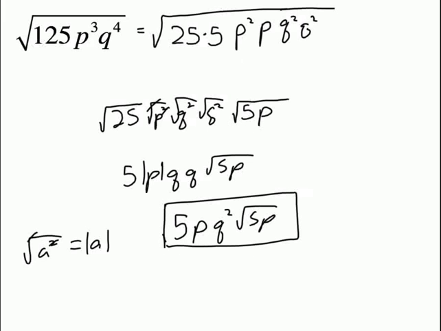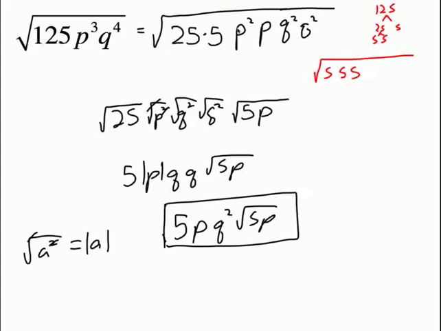Now, to do it the short way, I'm going to do the short way in red. You can pretty much factor everything. So 125 is the same thing as 25 and 5, and this is 5 and 5. So this is going to be 5, 5, and 5.